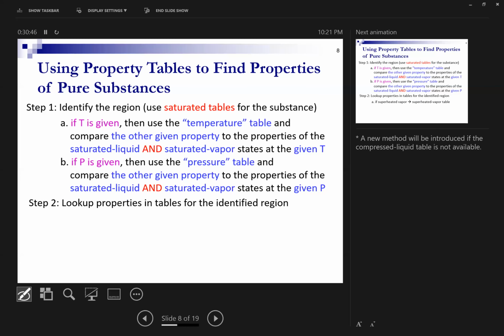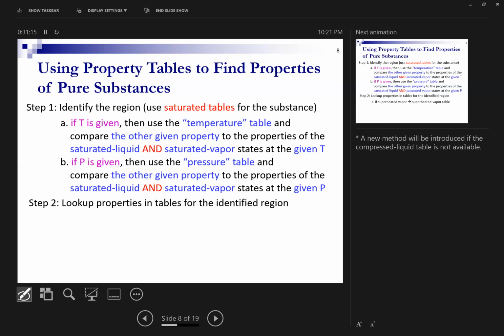After defining it, we look up properties in tables for the identified region. For instance, if we find that at a given pressure our material's internal energy is more than the internal energy of saturated vapor, it means that we have superheated steam.